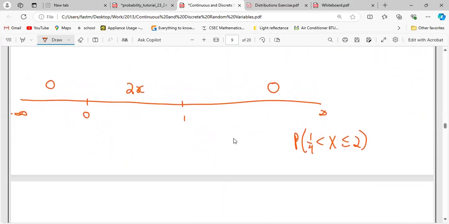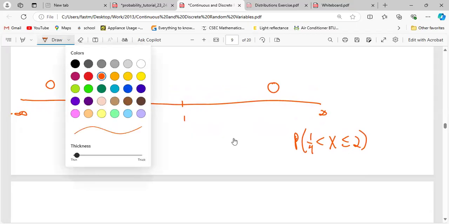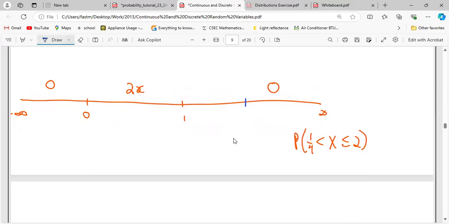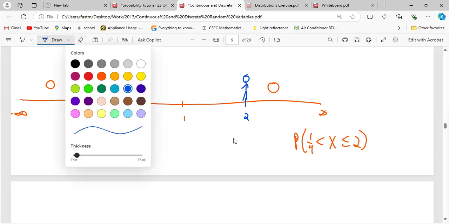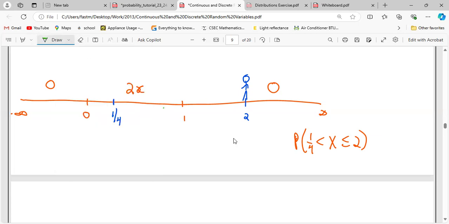Yeah. So 2 is basically outside the bound that we want. So 2 here. And they basically want the area that is more than a quarter. So a quarter will be somewhere here. Yeah. So they want this. So basically they want the piece in green, which is this here.